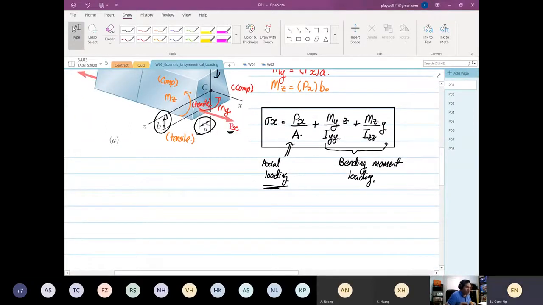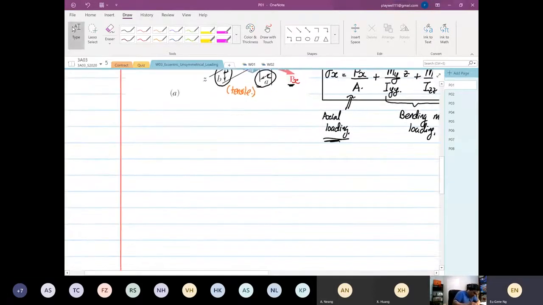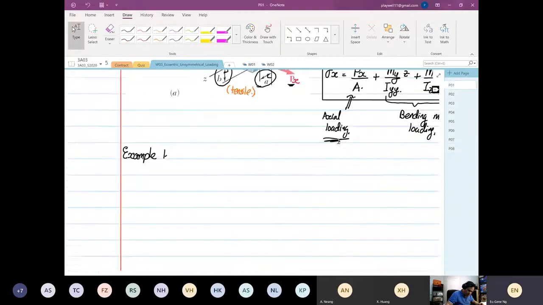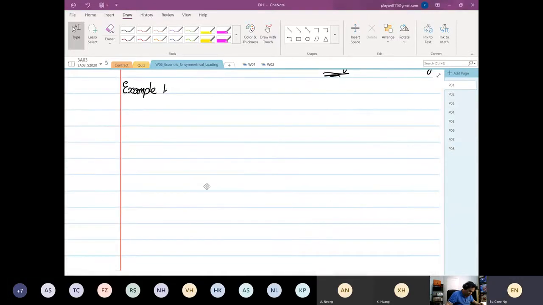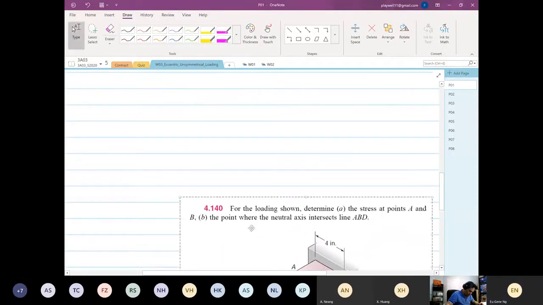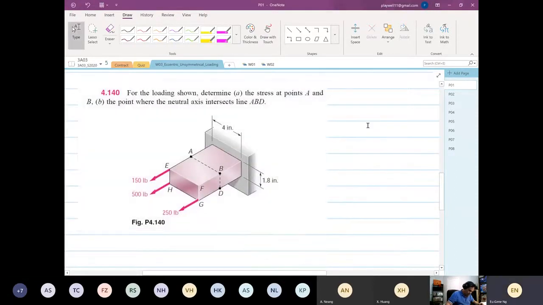Right, the next thing we're going to look into is an example. As I said, you have these images on Avenue. You can copy them. What we have over here is a structure that has an axial load.